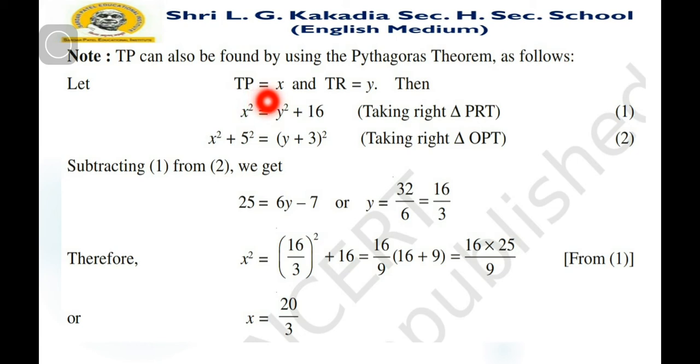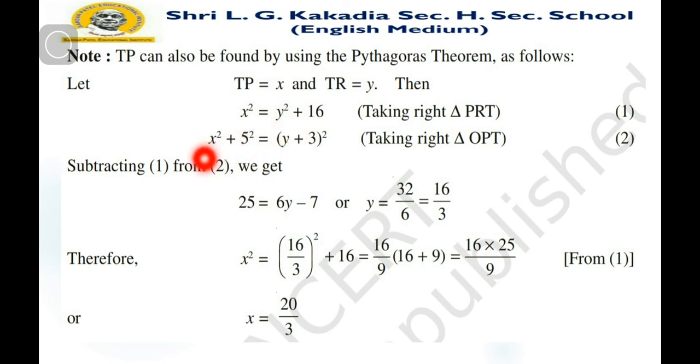Let TP be equal to x and TR be equal to y. In triangle PRT, x squared is equal to y squared plus 16, and in triangle OPT, x squared plus 5 squared is equal to y plus 3, all squared.